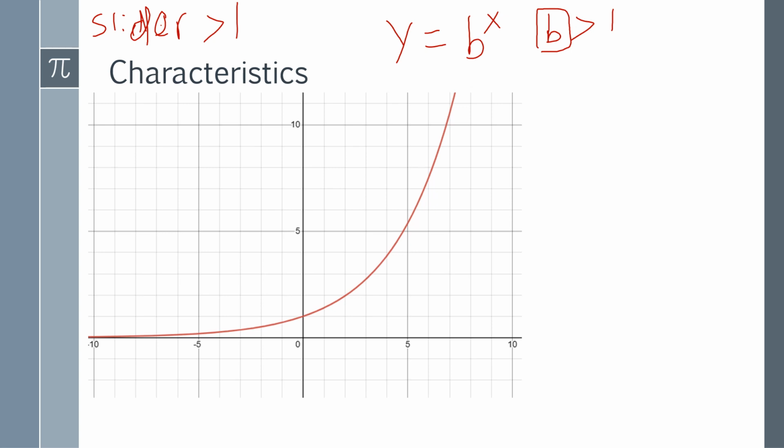So let's talk about the characteristics of this. The domain is all the x values. So remember, going back to your early Algebra 1 days, domain is all your x values.